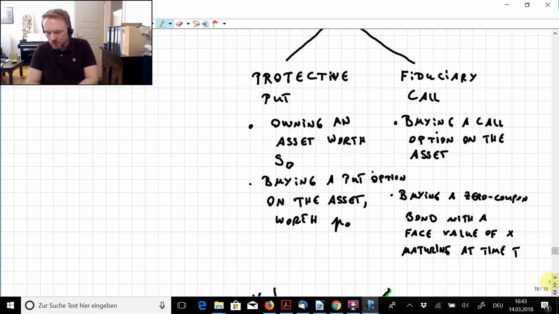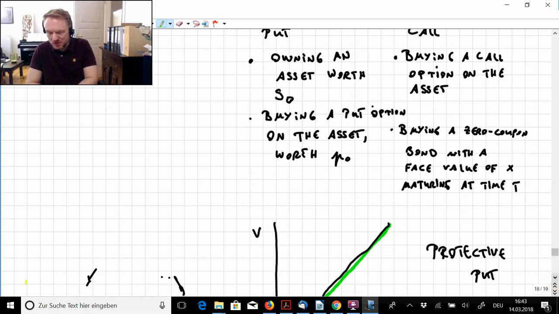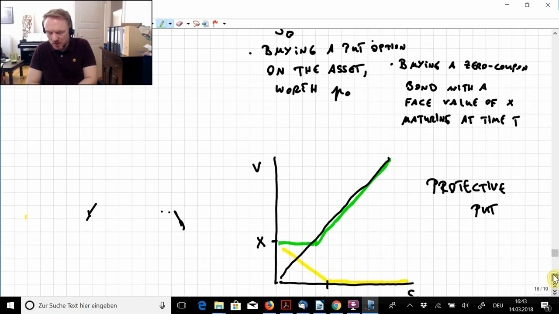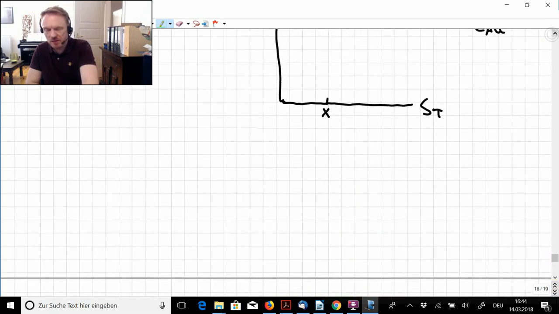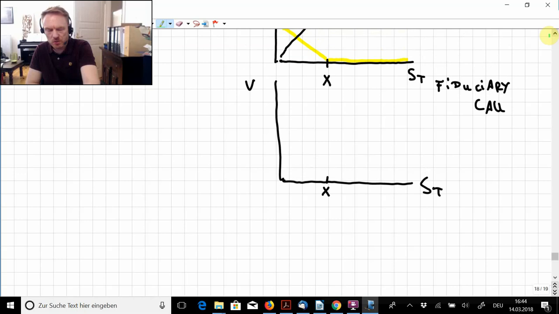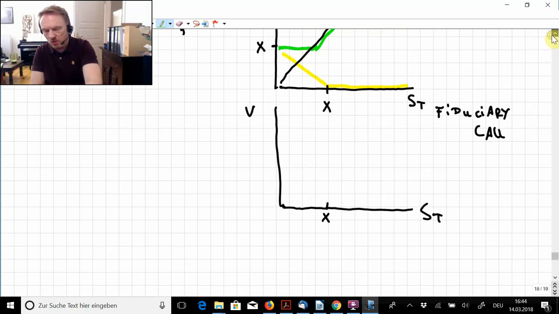So again, we need to think about what the value of this is. If we consider the fiduciary call in a second diagram, what would this be? First of all, there's the long call.